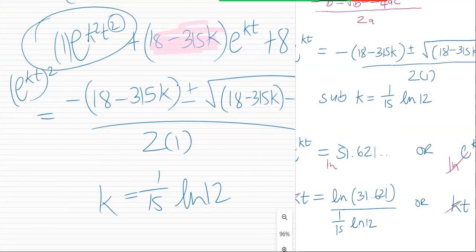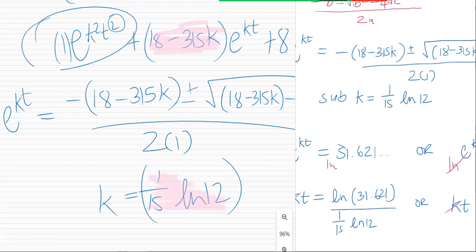So that means that if it had been x squared, then you would have been looking for your x's over here, but we're actually going to be looking for e^(kt)'s over here. So our e^(kt)'s are equal to the stuff we stuck into the quadratic formula. If we sub in the k value, every time we see k there and there, we put in 1 over 15 ln 12.